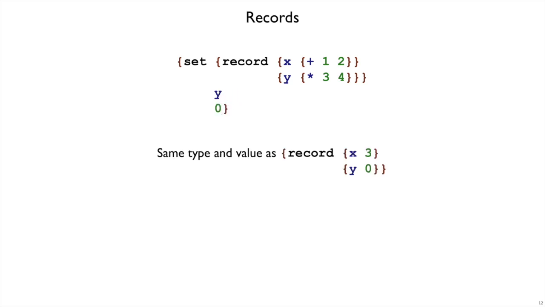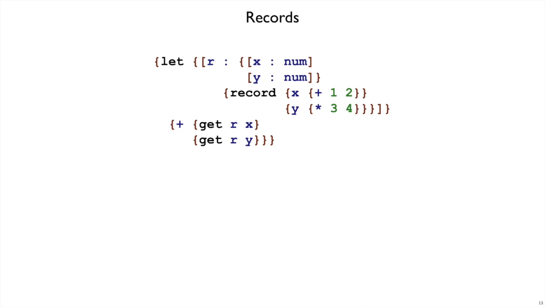And so what we'll end up with is something with the same type, and at type checking time this overall set form should have the same type as its argument record type, as long as the type of the new value of the field matches the expected type of the value of the field.